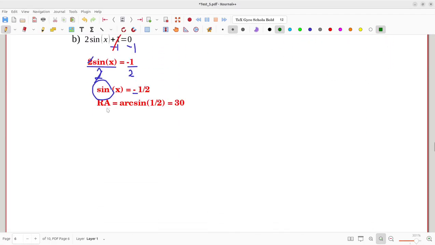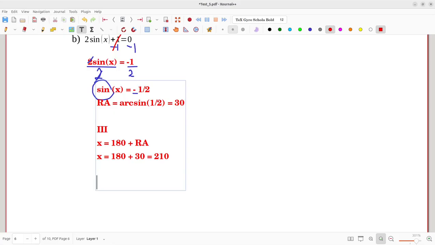So let's come back here. Our first x is going to be in the third quadrant. And we know in the third quadrant, it's 180 plus the reference angle. So x is 180 plus 30. This is giving me 210.